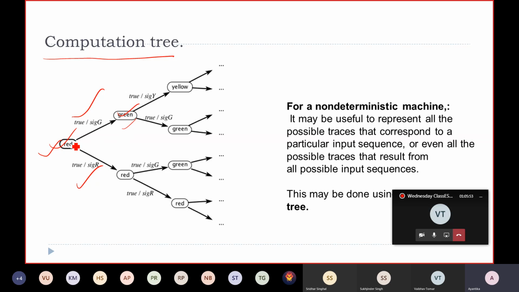But what is the flip side of that? When we are considering all possible transitions, it may happen that some states I am considering are not actually reachable. That will never happen. But still I'm considering them and making a computation tree initially to avoid any non-determinism in my system. Okay.